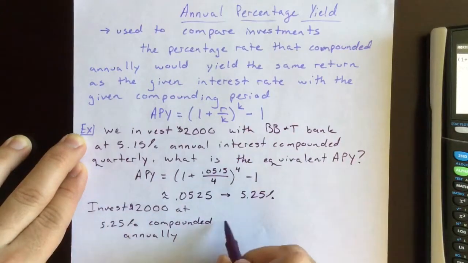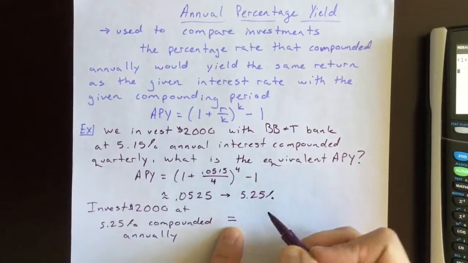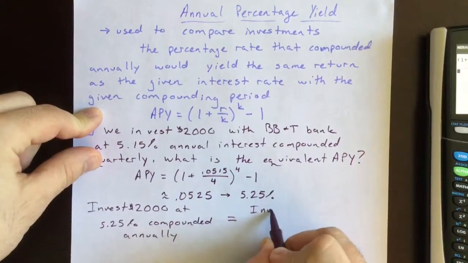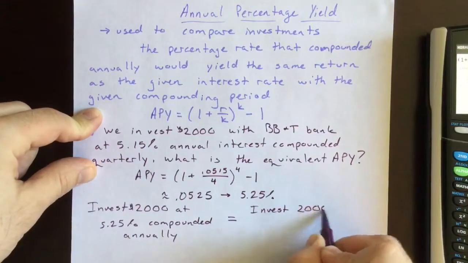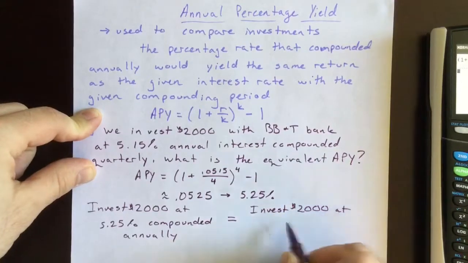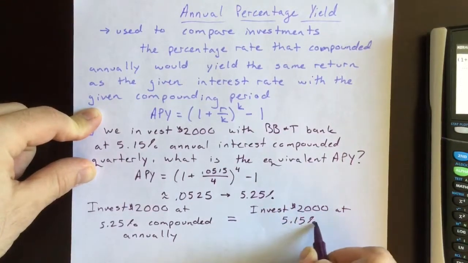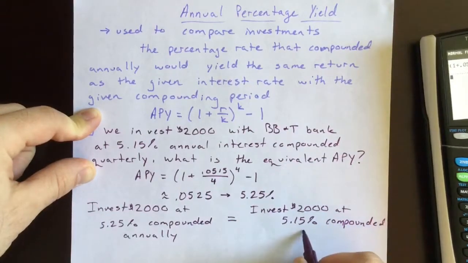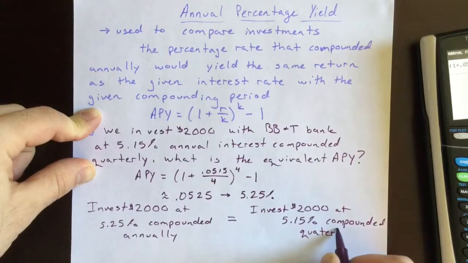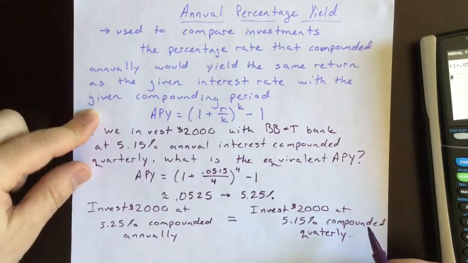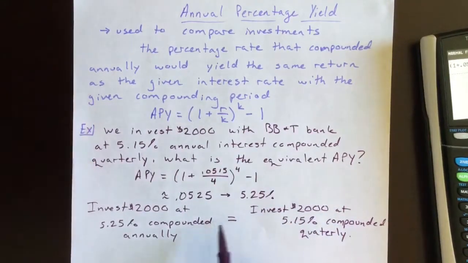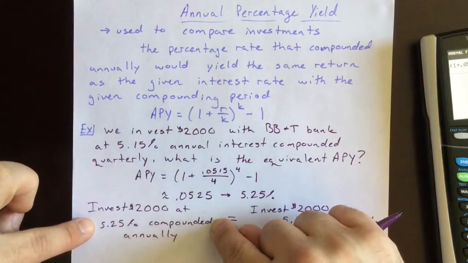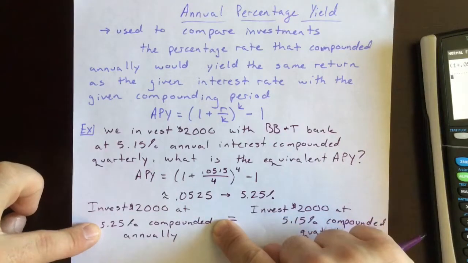So if we do that, it will equal the same as our original situation, if we invest $2,000 at 5.15% compounded quarterly. All right. So we took what we had and converted it back to just one single annual interest rate.